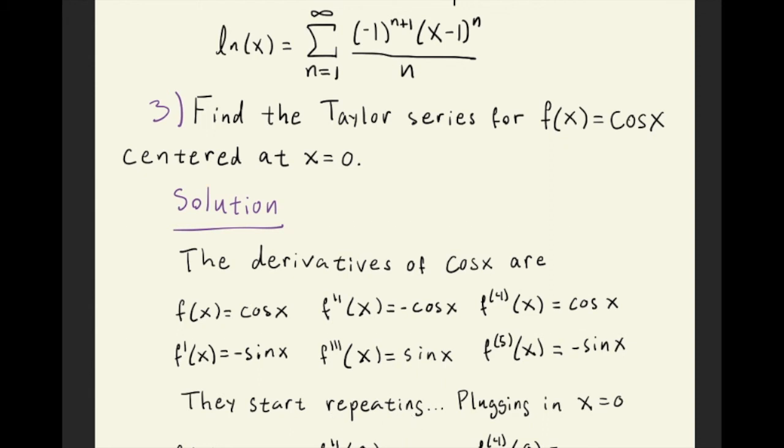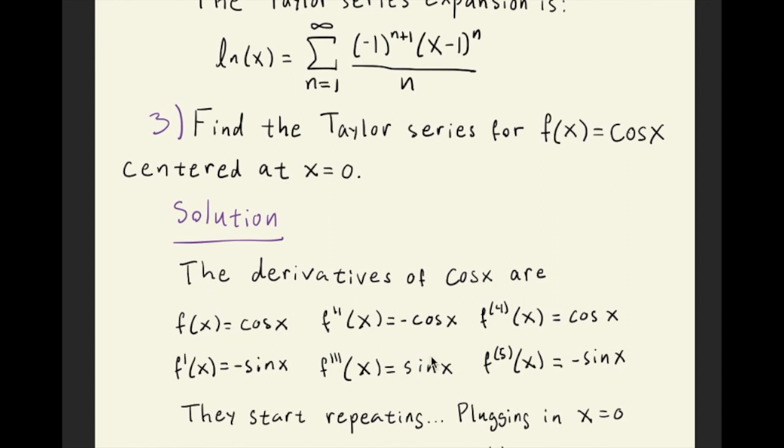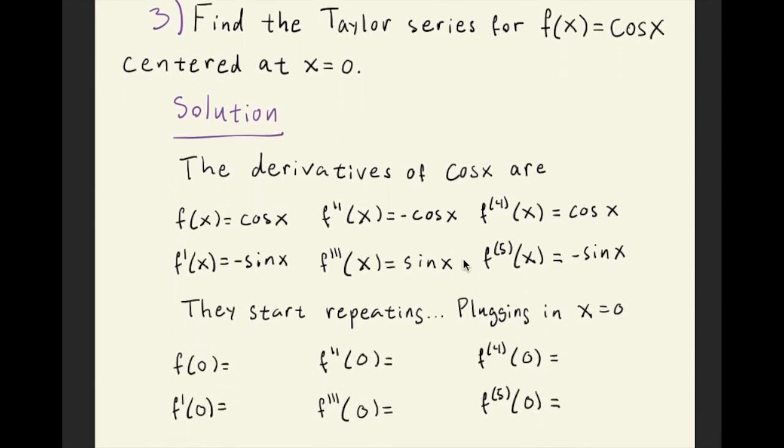We're not going to need the actual derivative. We just need the derivative plugged in at the center, right? So let's plug in the center x equals 0 into these derivatives. f of 0 is cosine of 0, that's 1. f prime of 0 is negative sine of 0, but sine of 0 is 0. f double prime of 0 is negative cosine of 0, and cosine of 0 is 1, so that's negative 1. f triple prime of 0 is sine of 0, which is 0.